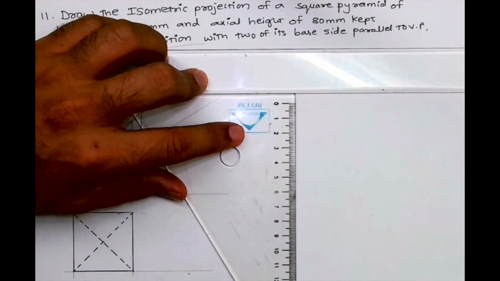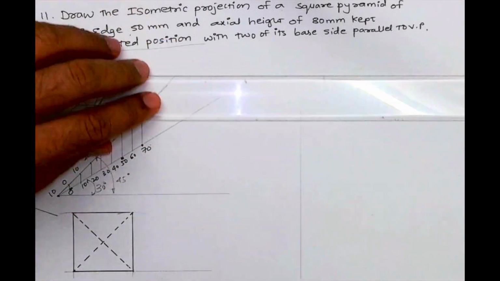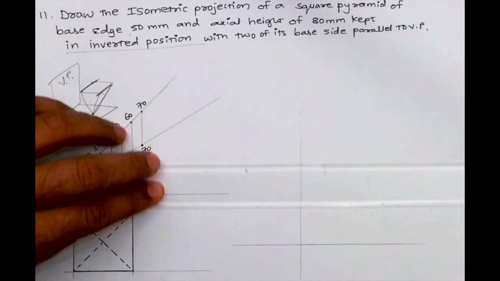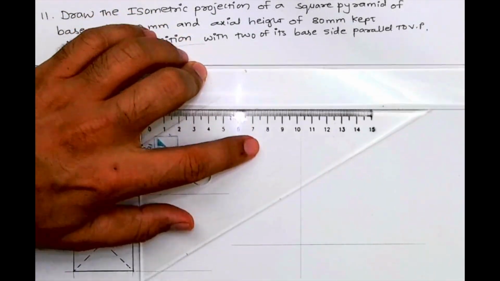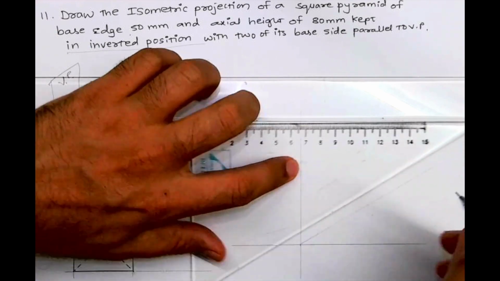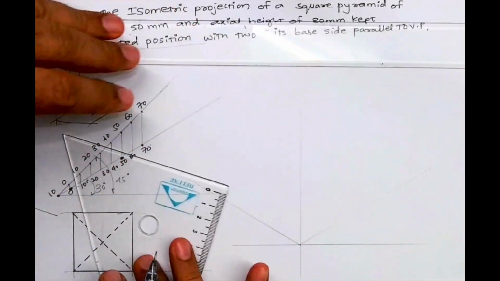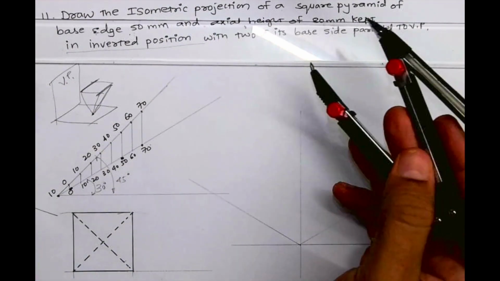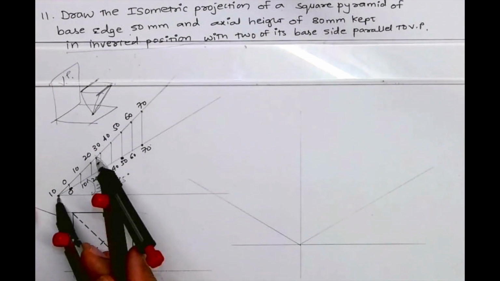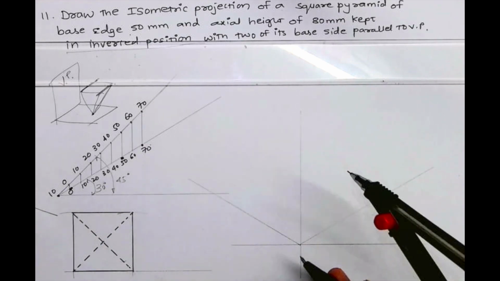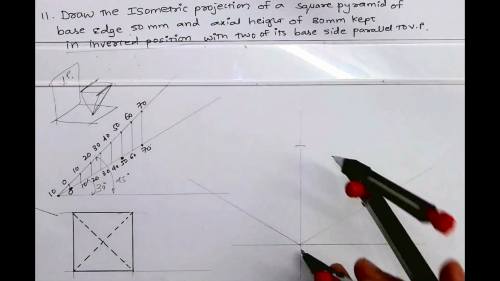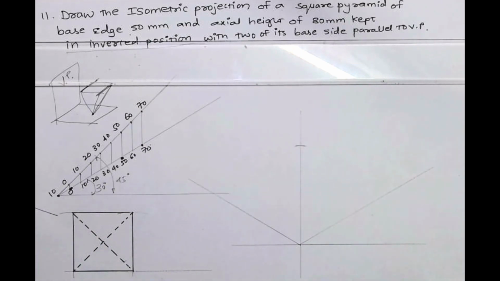Now we'll draw 30 degree and we'll draw a box. Height is how much? Height is 80. So we'll take 0 to 70 and cut here. This is ABCD, or 1, 2, 3, 4, whatever you want to call.